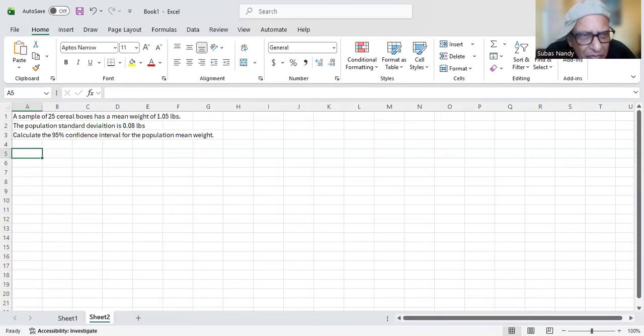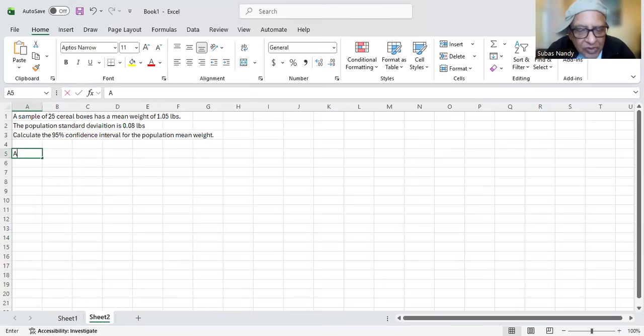A sample of 25 cereal boxes has a mean weight of 1.05 pounds. The population standard deviation is 0.08 pounds. Calculate the 95% confidence interval for the population mean weight.